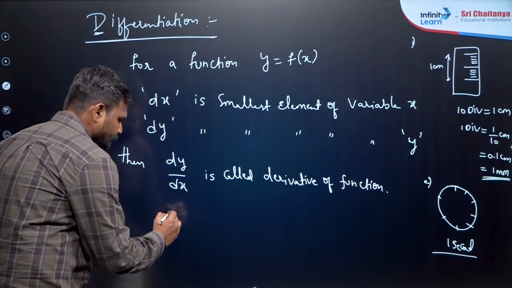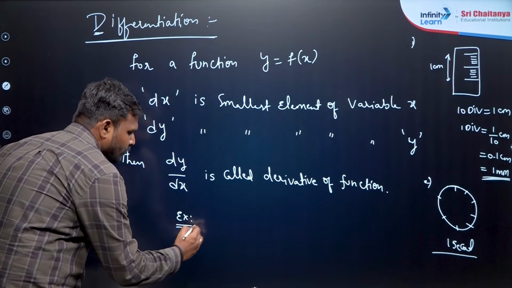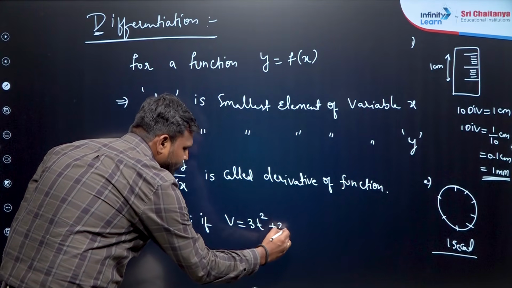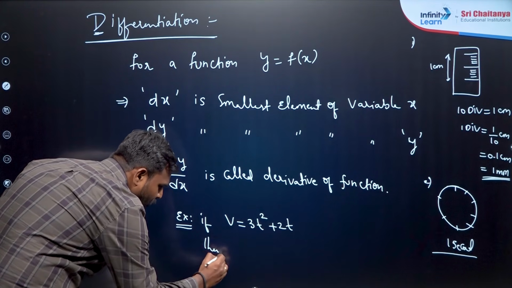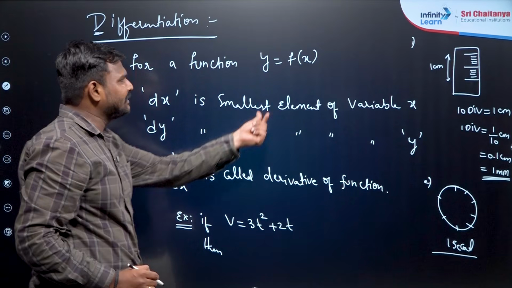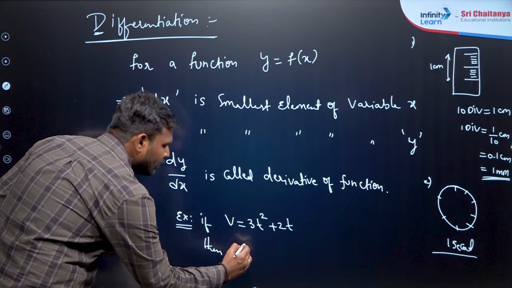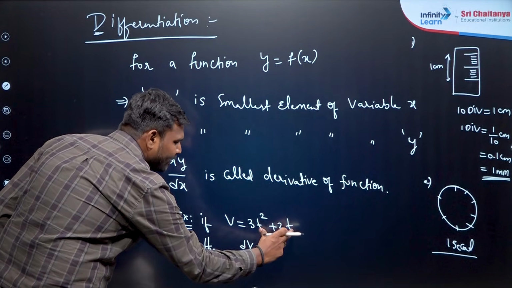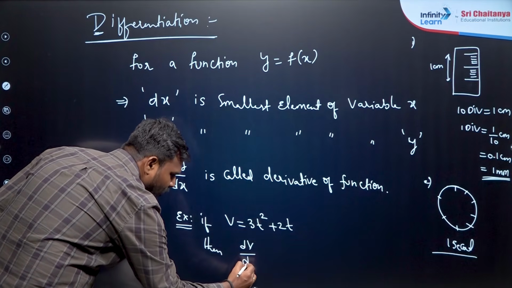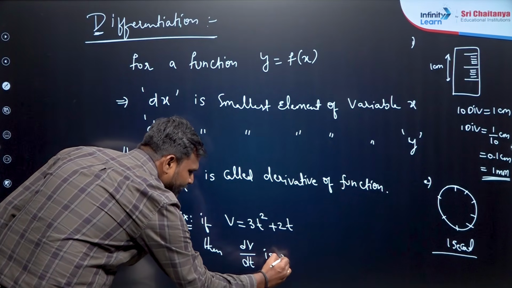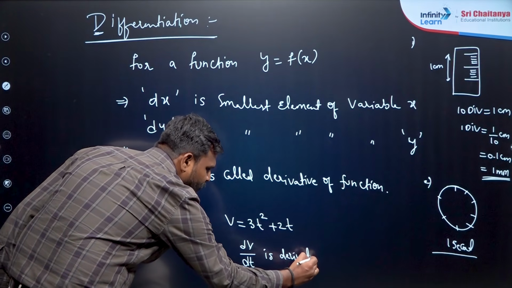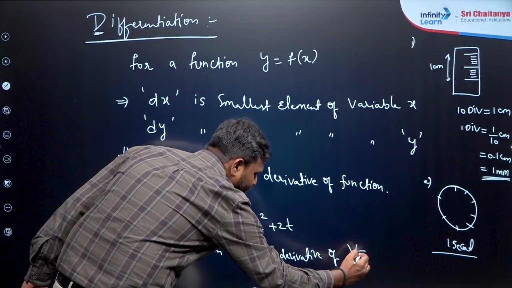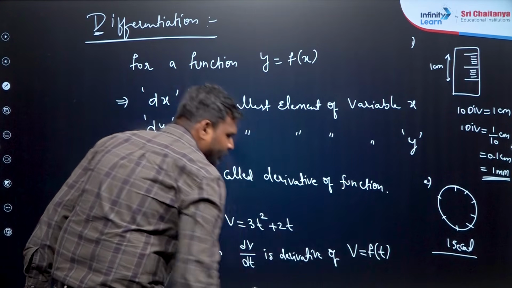Example, if velocity is 3t square plus 2t, then which is the variable on the left hand side? Velocity. So small change in velocity. But which is the variable on the right hand side? Time. So small change in velocity by small change in time is the derivative of this function. Which function? V is equal to f of t.